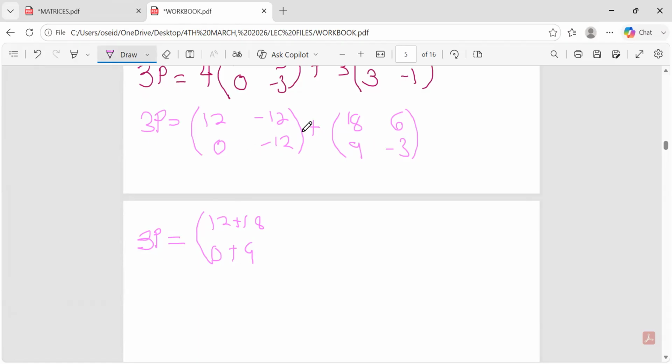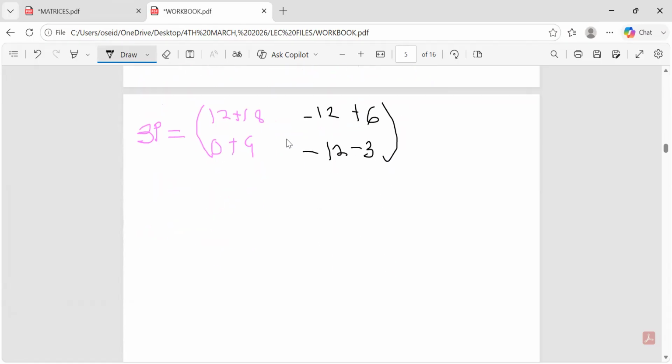And the next one is -12 plus 6. Then -12 minus 3. Why minus 3? Because the 3 is negative and negative is stronger than positive.